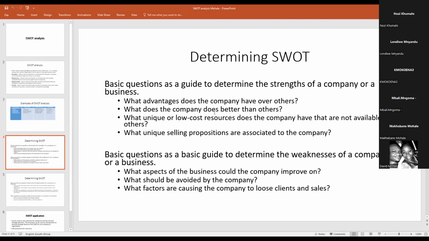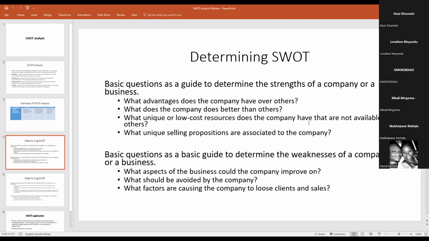What does the company do better than others? Those are examples that we can use to try to find information related to the strengths of an organization or a company. What unique or low-cost resources does the company have that are not available to other companies? What unique selling propositions are associated with the company?